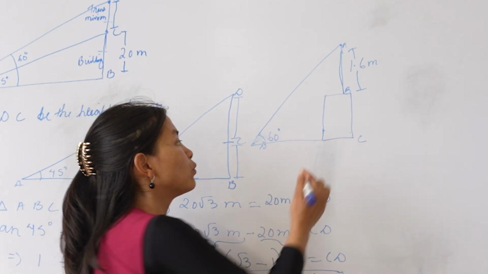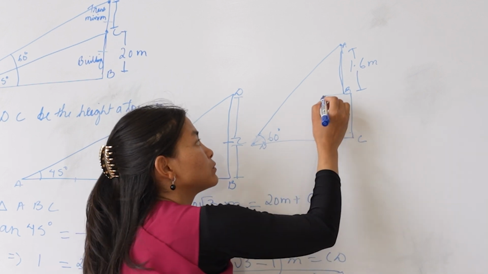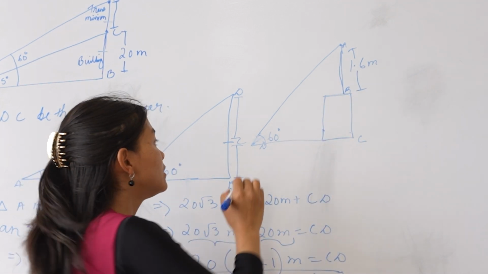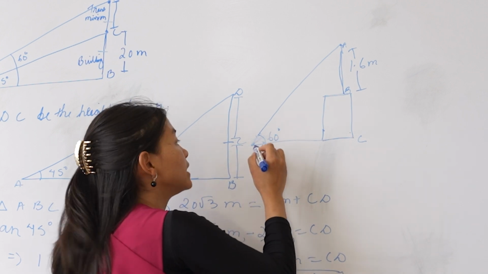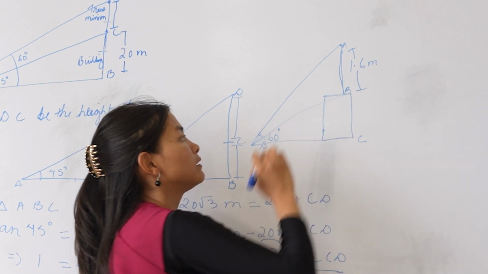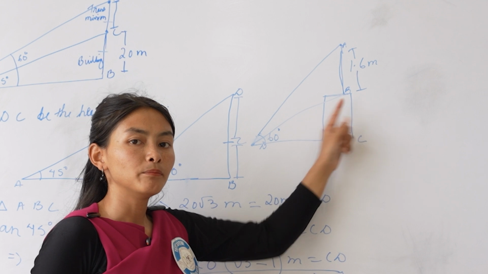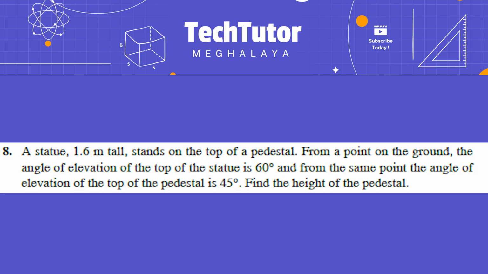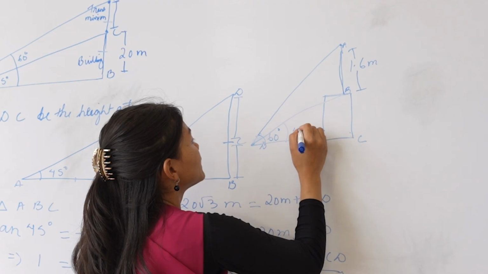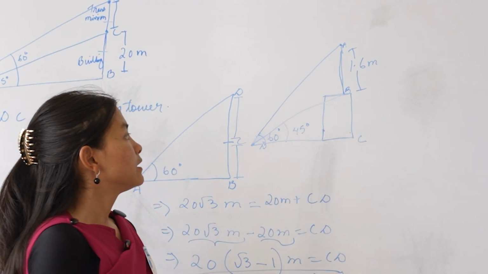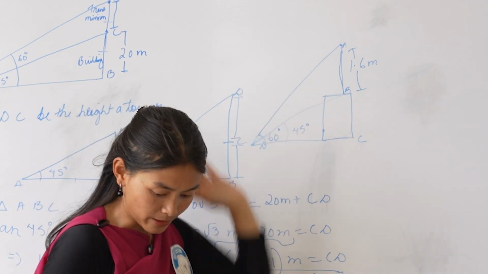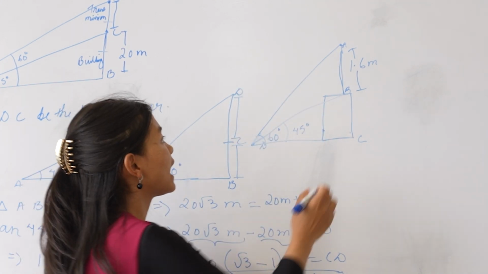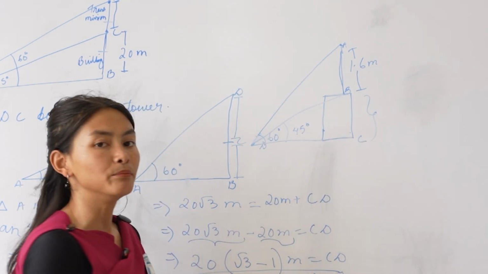Here is the bottom of the pedestal and here is the top of the pedestal. So again from the same point we look at the top of the pedestal, and the angle is 45 degree. Your assignment is to find the height of the pedestal BC.